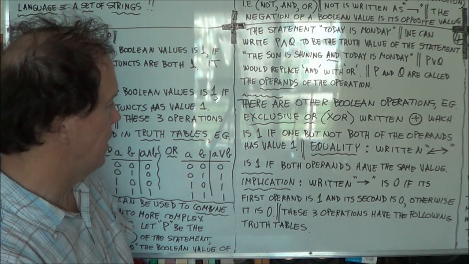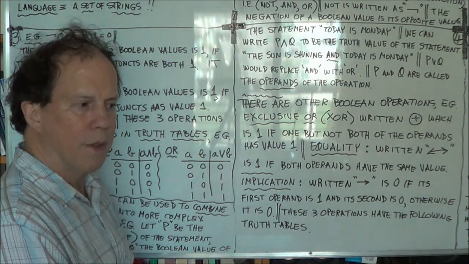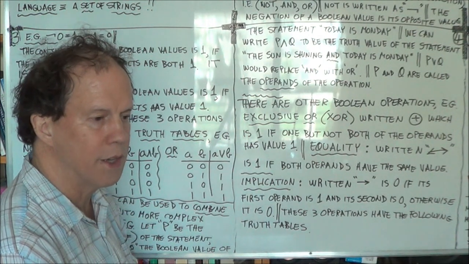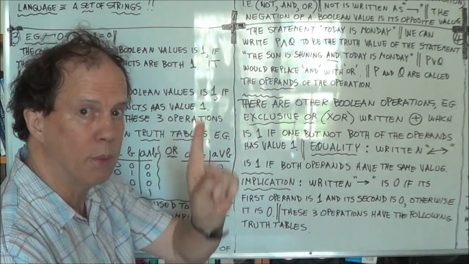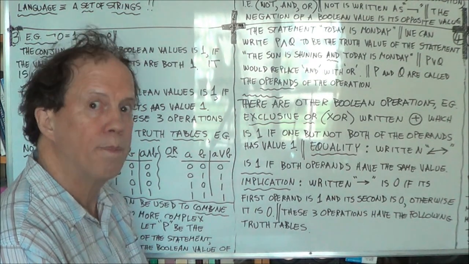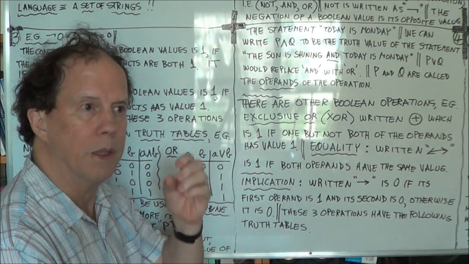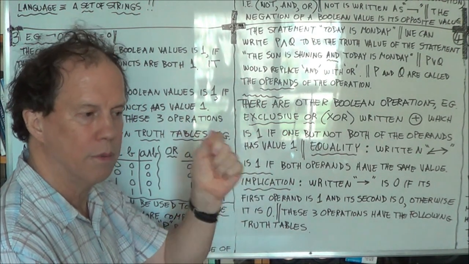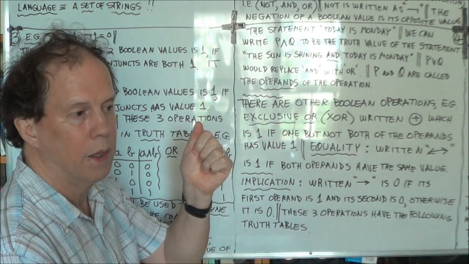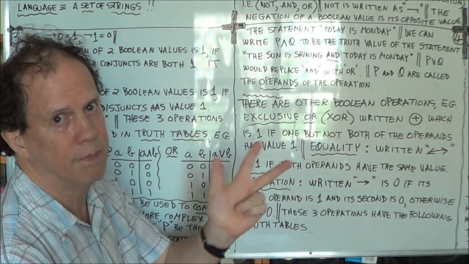Now, those three operations on Boolean variables: in the case of not, you're operating on just one Boolean variable. In the case of and or or, you're operating on two Boolean variables. Now, those three, not, and, or, if you use the longer terms, negation, conjunction, disjunction, same thing.